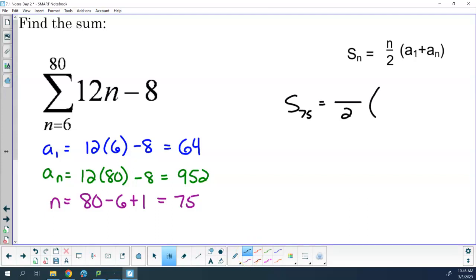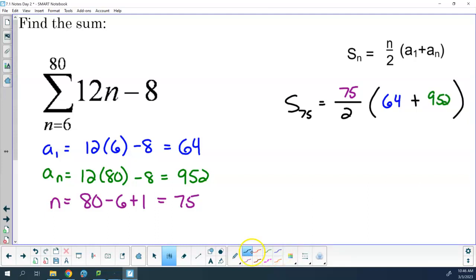So the sum here of the first 75 terms is going to be 75 divided by 2 times 64 plus 952.